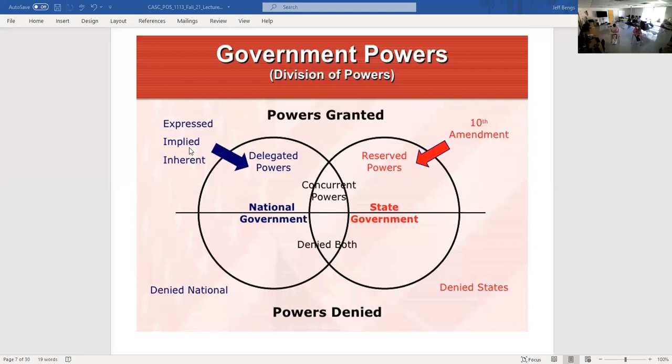One of the inherent powers of the federal government is that they can pursue and bring to justice the terrorists who did this.